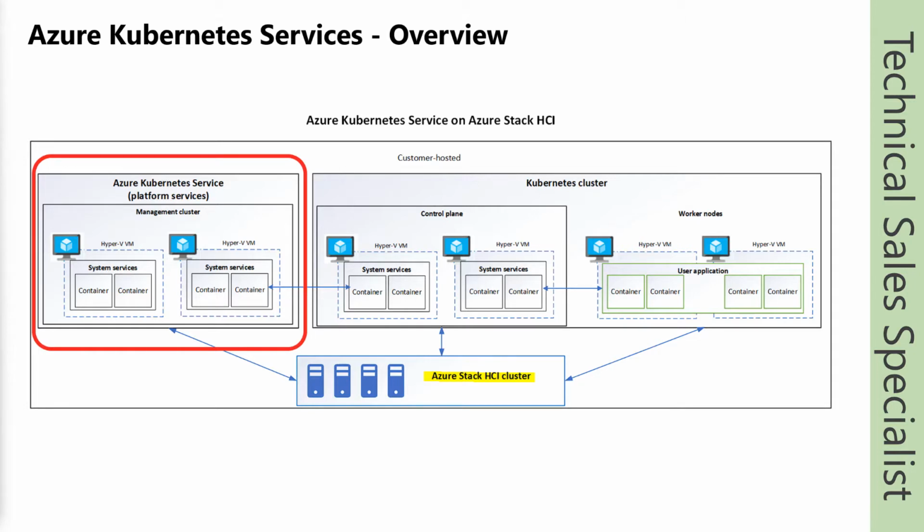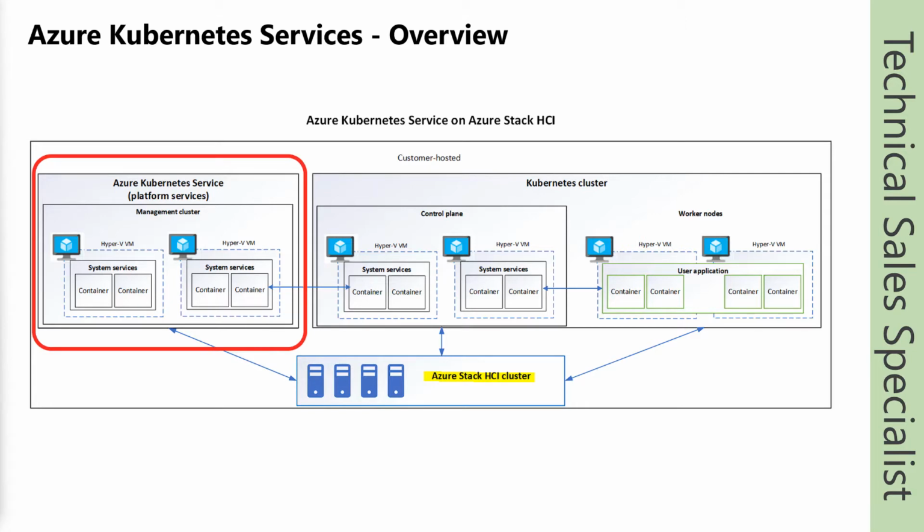When we use Azure Kubernetes Services in Azure Public Cloud at Microsoft, we only consume the services. In Azure Stack HCI, we also have to think about how the Azure Kubernetes services are provided on premises.